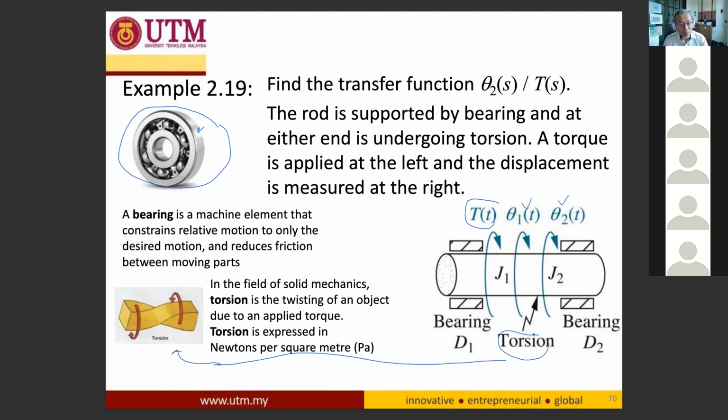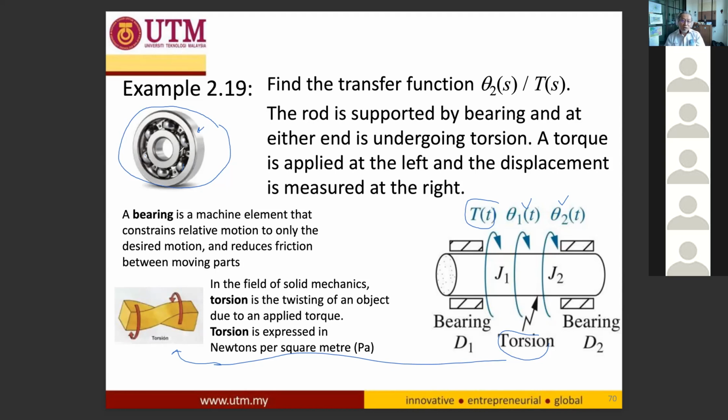Okay, so this bearing constrains relative motion to only the desired motion, and it reduces the friction between the moving parts. So you have the wheels that rotate, and then the shaft that rotates the tire. Tire is the load, the shaft is the actuator. So between them there must be a bearing, because there is friction between the shaft and the tire.